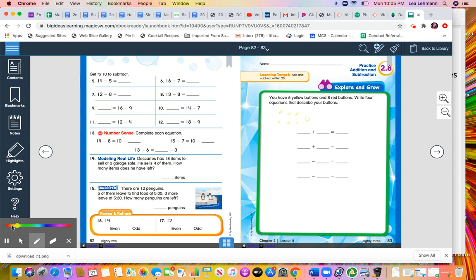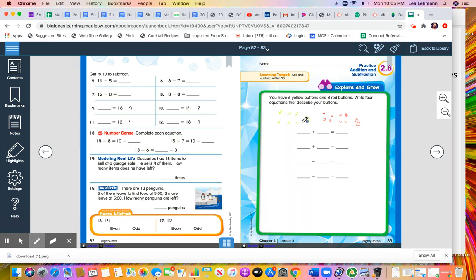And then I'm going to make 8 red buttons. Those are bad circles, but the best I can. Okay, there you go. Okay, 8. Okay, so I'll write in blue.